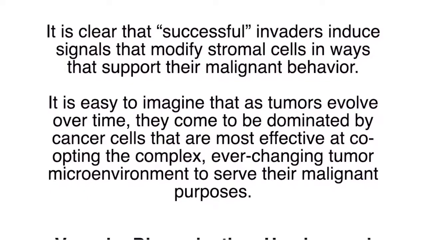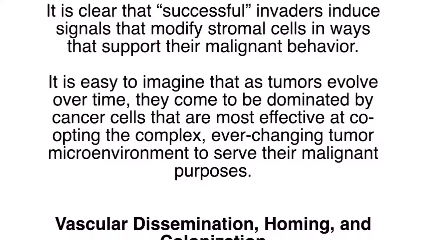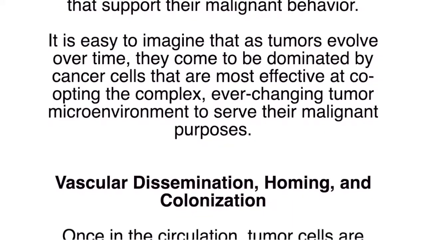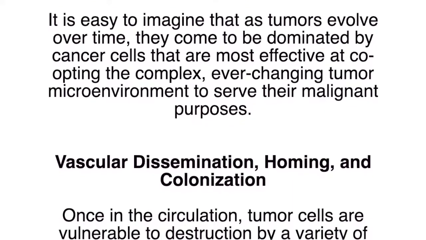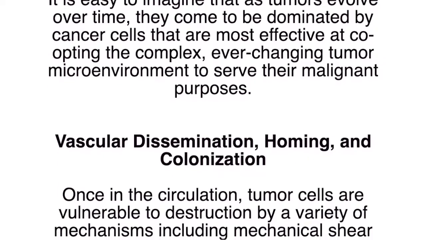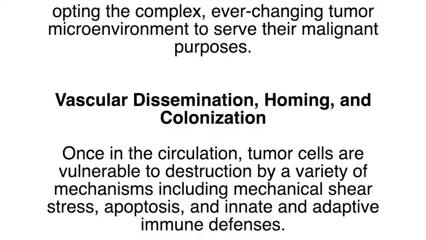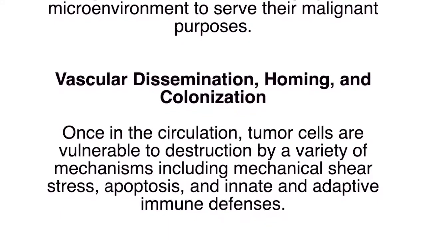It is easy to imagine that as tumors evolve over time, they come to be dominated by cancer cells that are most effective at co-opting the complex, ever-changing tumor microenvironments to serve their malignant purposes.